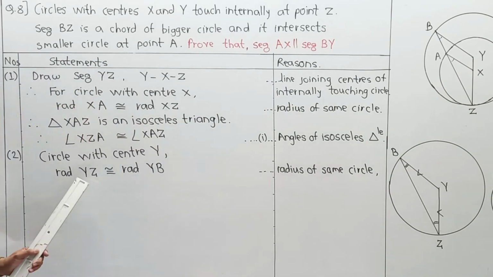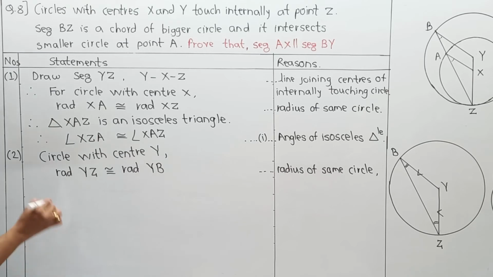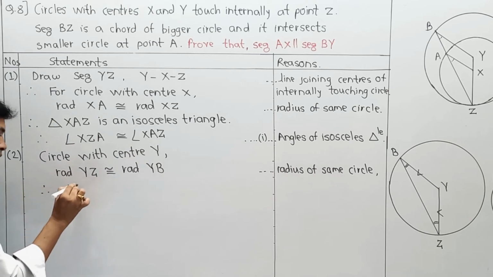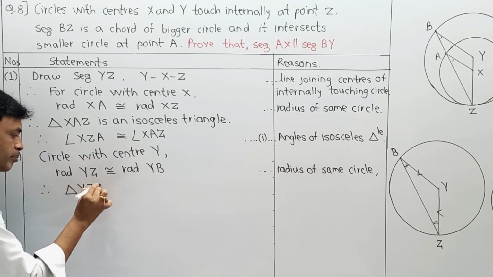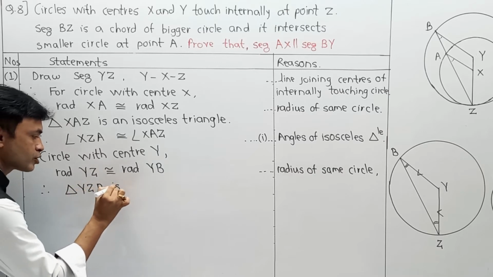Next, as YZ is equal to YB, we can say that triangle YZB is an isosceles triangle.